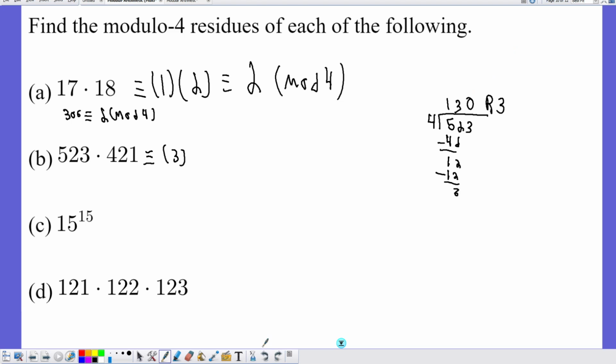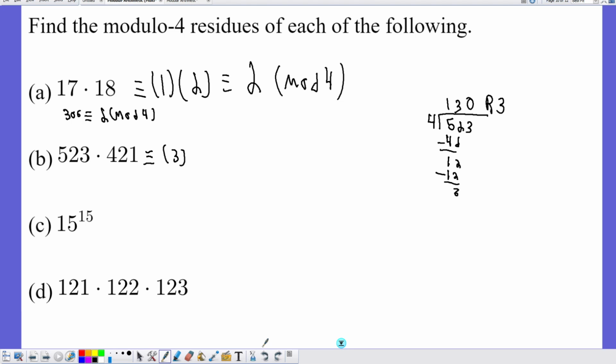Alright, let's try this one in our head real quick. 400 is 4 times 100. 20 is 4 times 5. Therefore, 105 times 4 is 420.